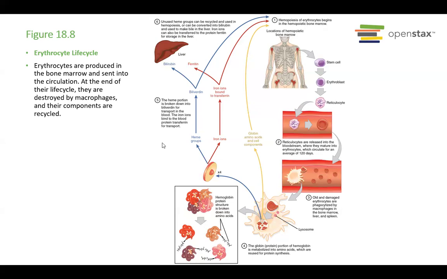So erythrocytes are produced in the bone marrow and sent into the circulation at the end of their life cycle. They are destroyed by macrophages and their components are recycled. So that shows you hematopoiesis of the erythrocytes begins in the hematopoietic bone marrow.